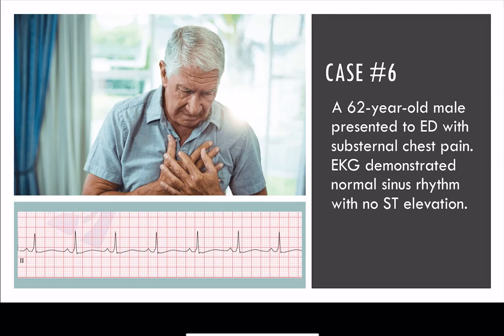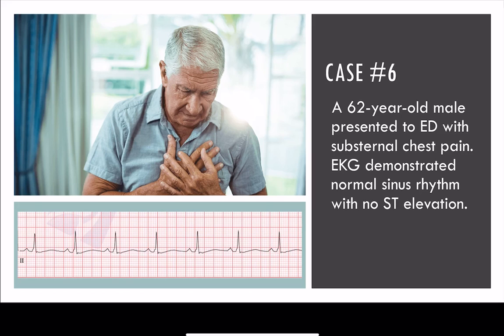Our first case, or the case that we'll use, is a 62-year-old man. He presents to the emergency room with substernal chest pain. They immediately put an EKG on him, and they observe normal sinus rhythm. So if you remember, the rate of your heart is controlled by the SA node.